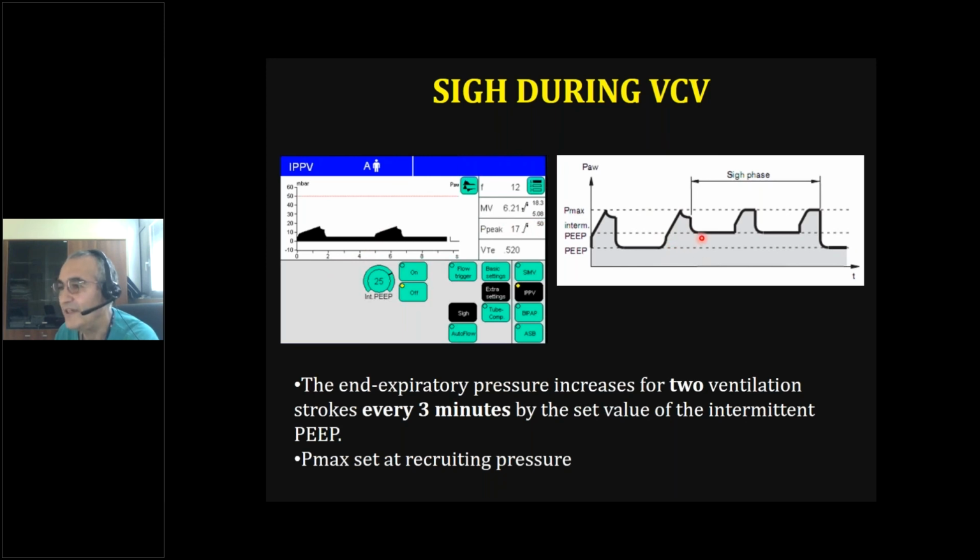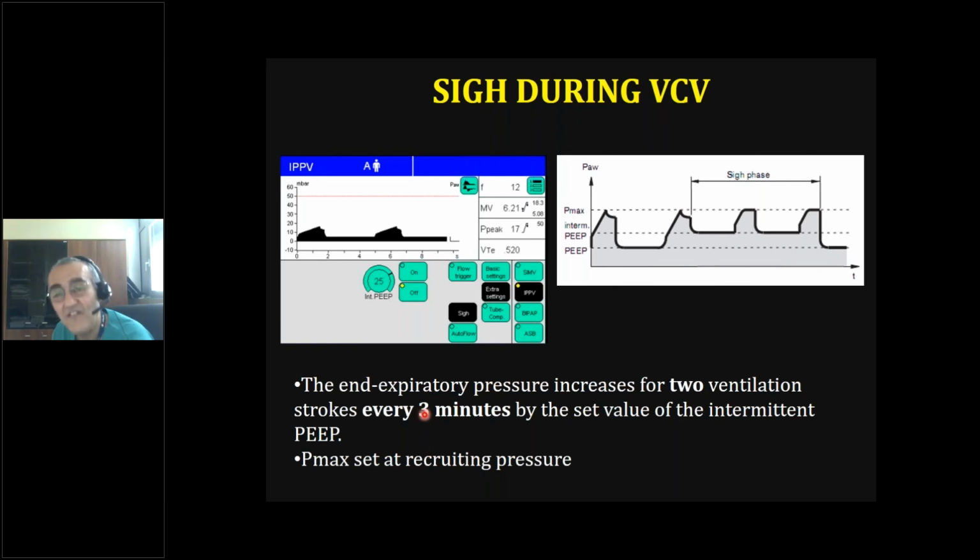The way it gives Sigh is that you can select the amount of PEEP that you change once every 3 minutes for 2 consecutive breaths in order to increase the lung volume and promote a sustained inflation. The latest models of Dräger ventilators are more flexible. You can change the number of breaths at the high PEEP level, and also the frequency, every 3, every 5, every 10 minutes.